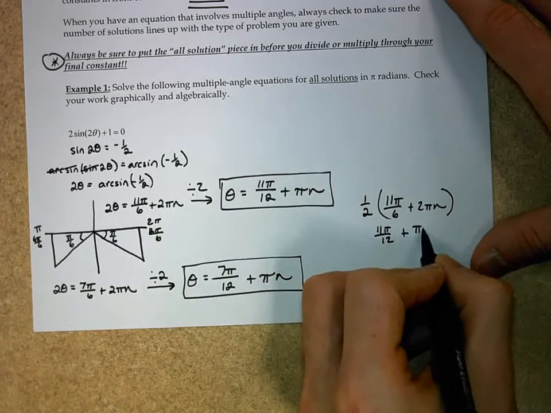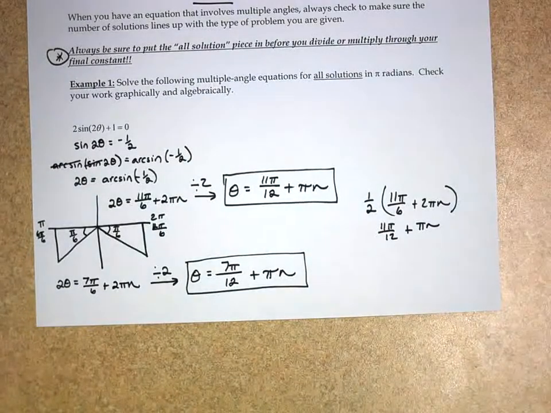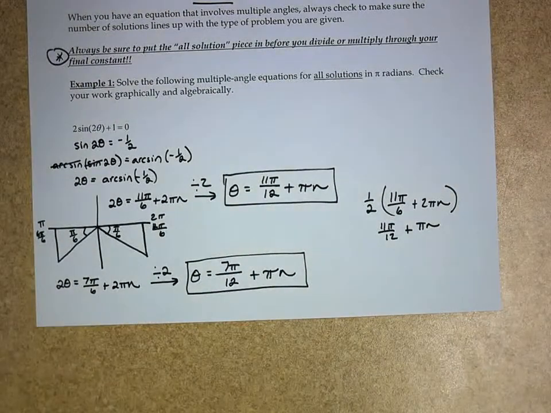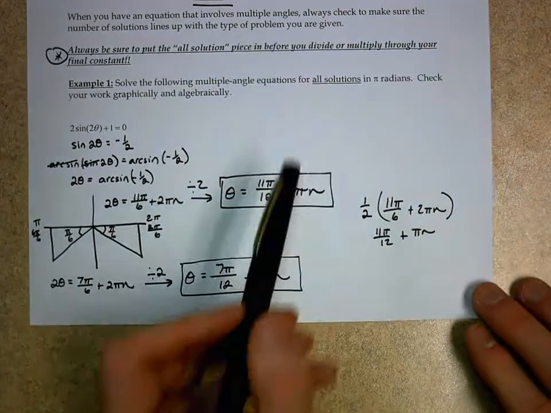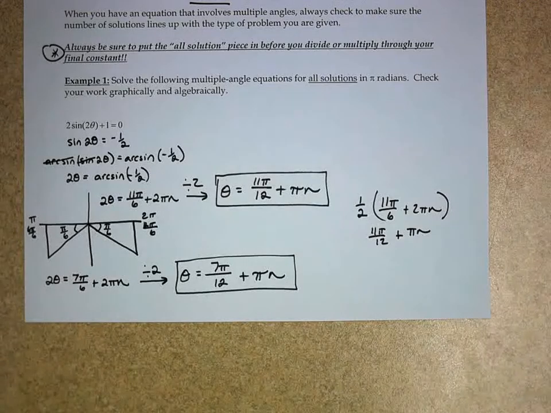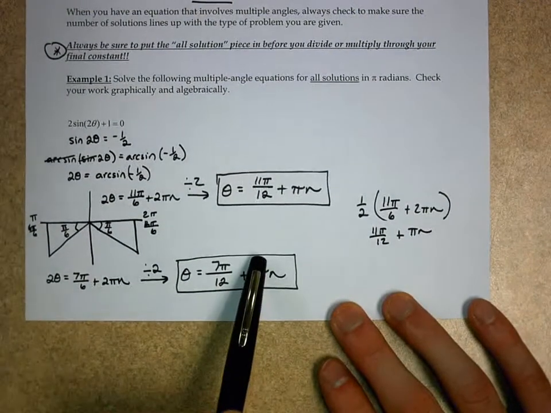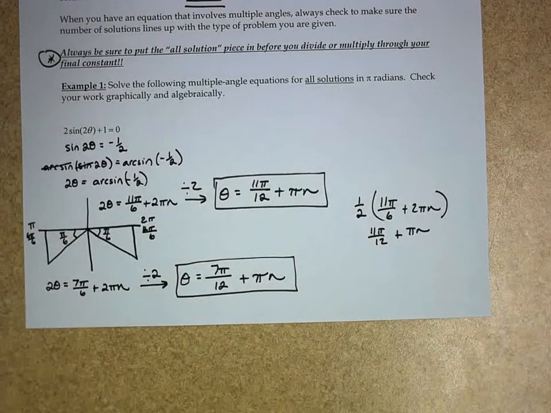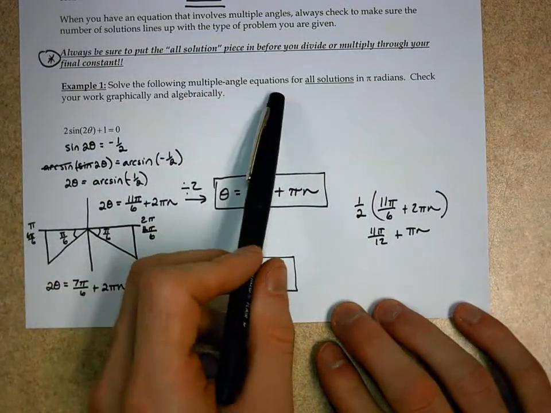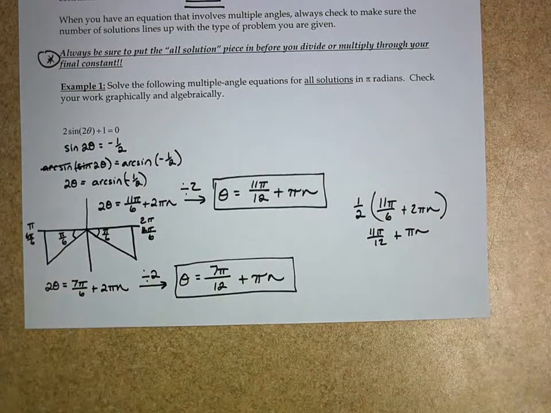And then here, 1/2 times 2 is just 1. So if you get confused by that division, think of dividing by a number as the same thing as multiplying by that fraction. So that's going to give me all solutions in pi radians. There are my answers.